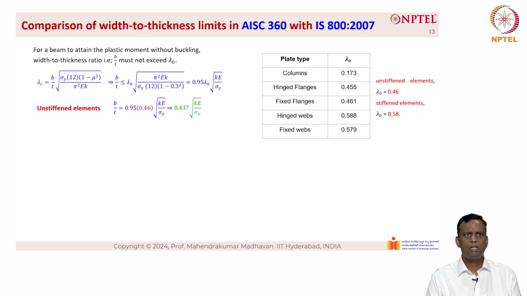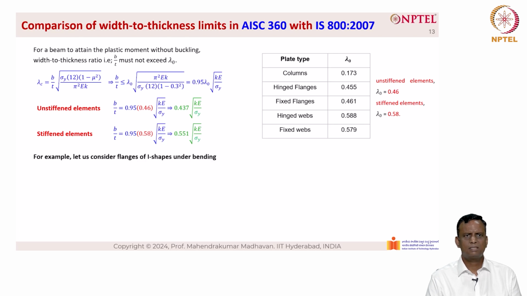For unstiffened elements, lambda naught is equal to 0.46 from the previous plot, based on the work carried out by Thurlimann. So, b by t equals 0.95 into 0.46 into root of K E divided by sigma y, which becomes 0.437 root of K E divided by sigma y. And for stiffened elements, b by t equals 0.95 into 0.58 into root of K E divided by sigma y, which becomes 0.551 root of K E divided by sigma y.